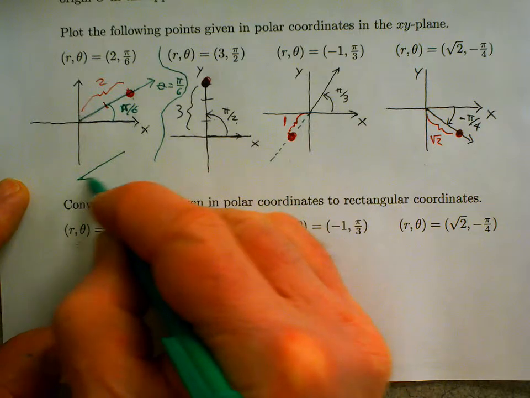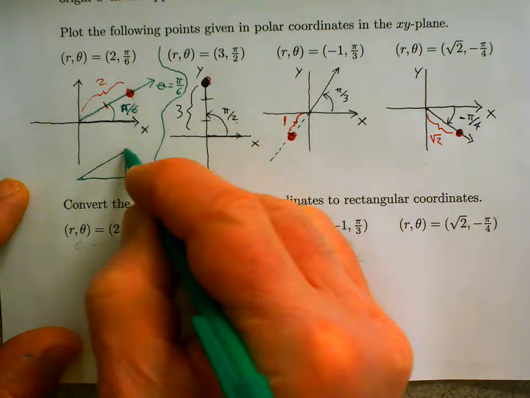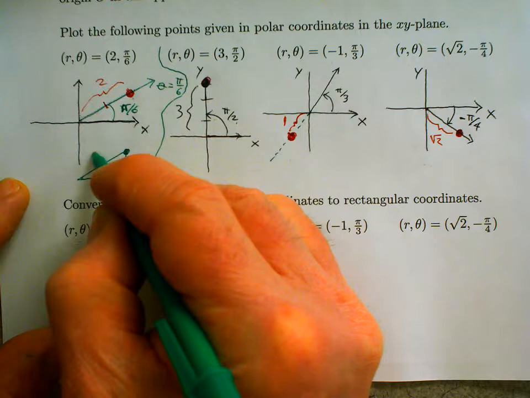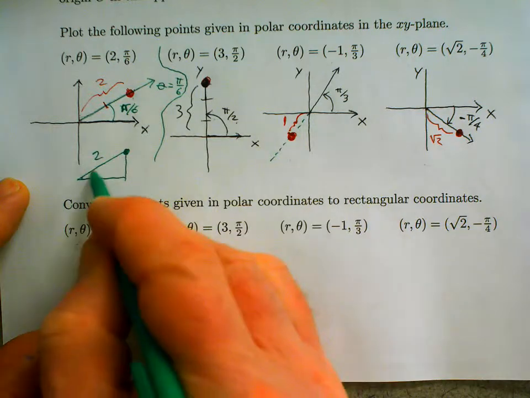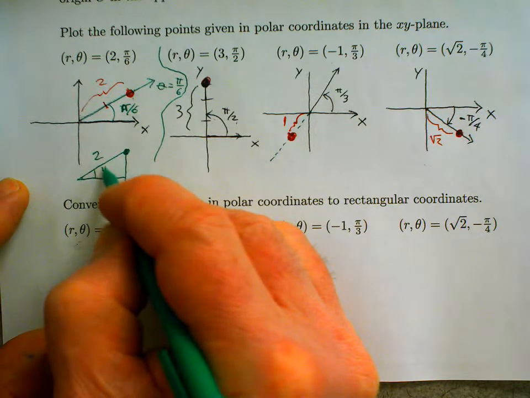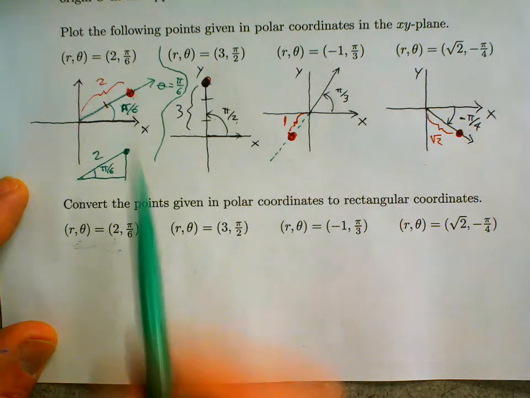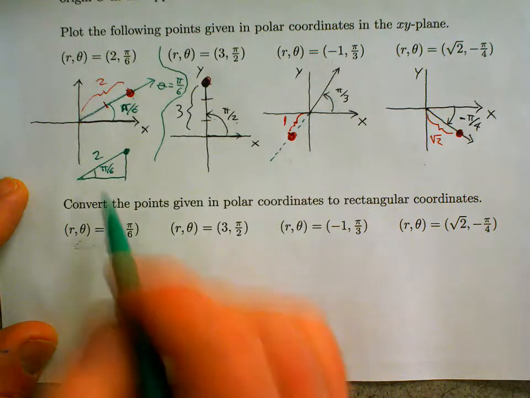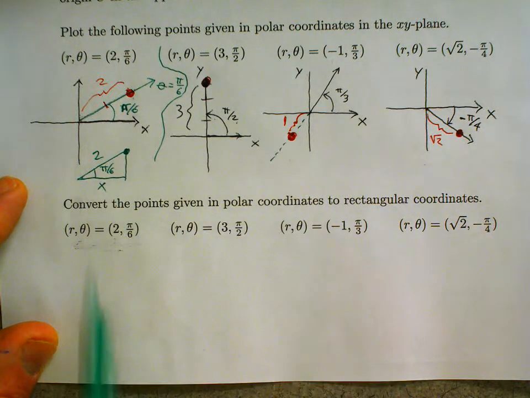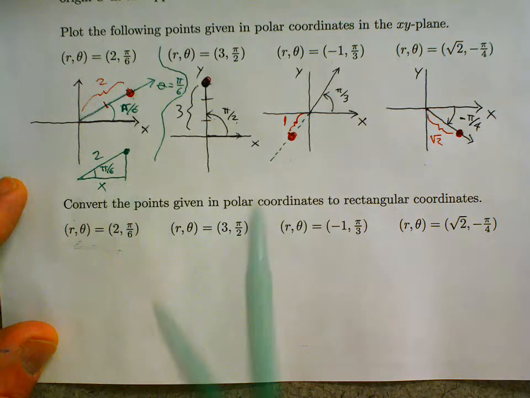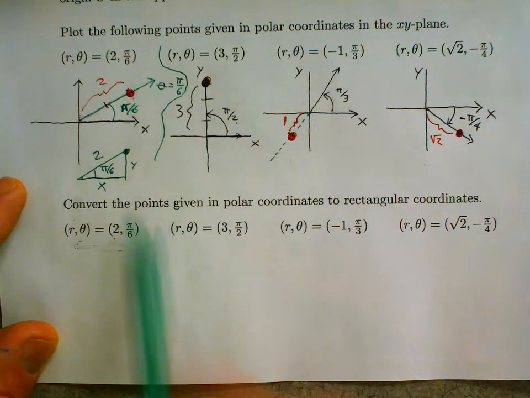So the hypotenuse is 2, and the angle is pi over 6. And the x-coordinate of that point is the length of the horizontal side of that right triangle, and the y-coordinate is the length of the vertical side.